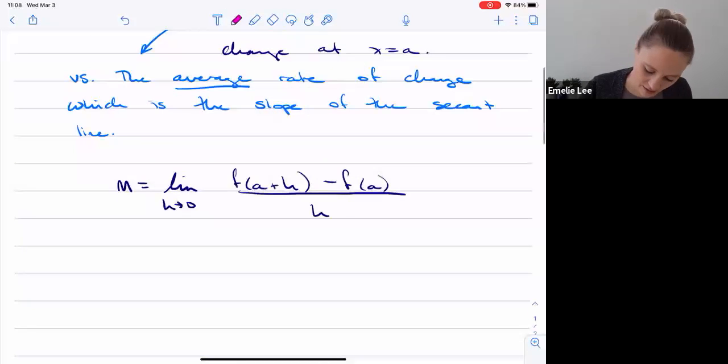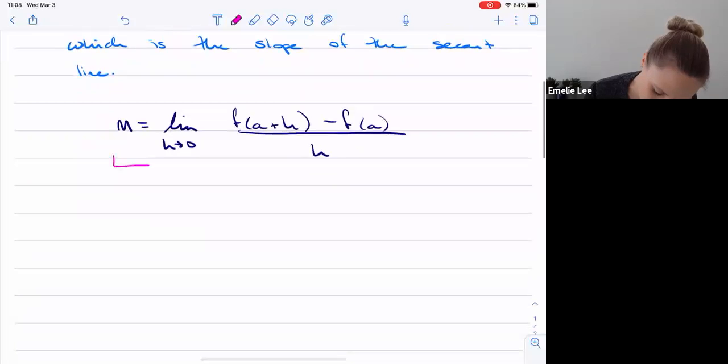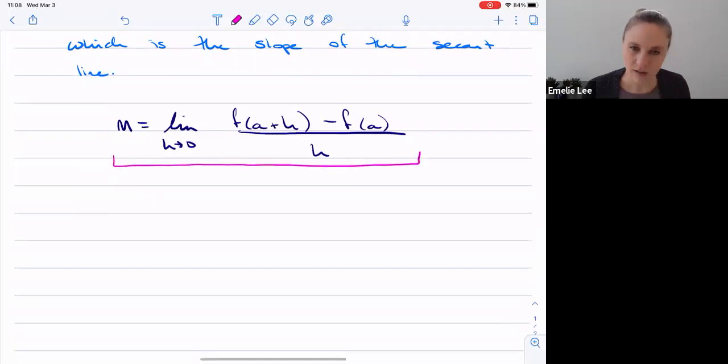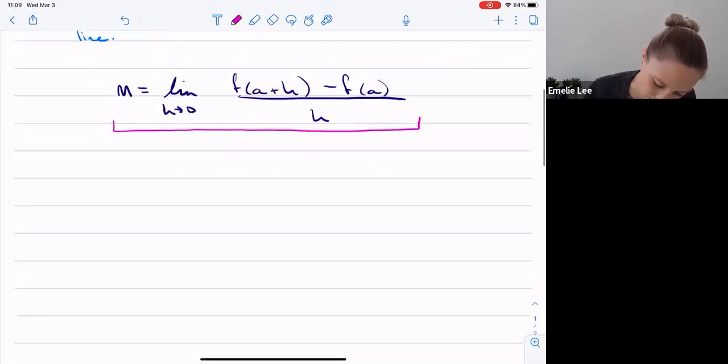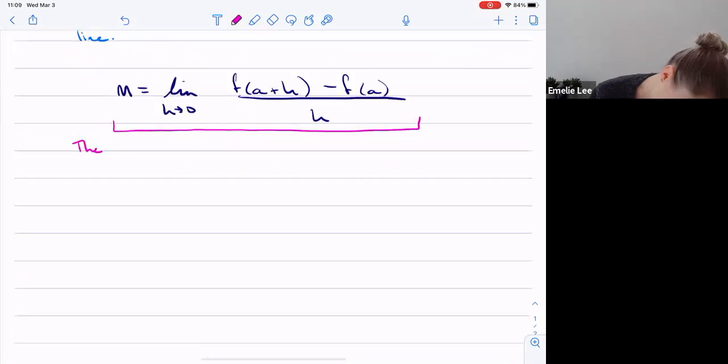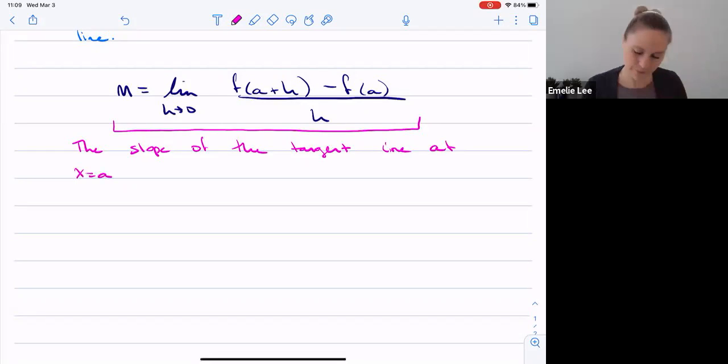And this is going to be the slope of the tangent line at x equals a.